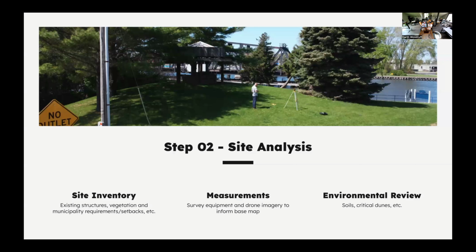So we see the site, we inventory the site, we inventory the plant material on the site. We've got a handful of websites, which I'm sure many of you do too, where we pull up online data. Soils data gets pulled up for every one of our projects. Because of the region that we work in, we take a look at either critical dunes or wetlands to see whether or not we're going to cross over into those and what we have to navigate with the client to get there.